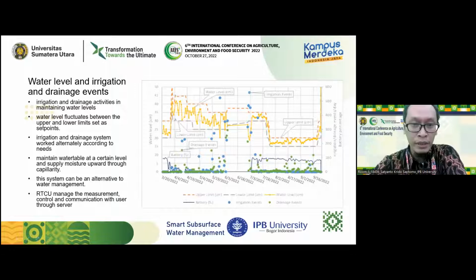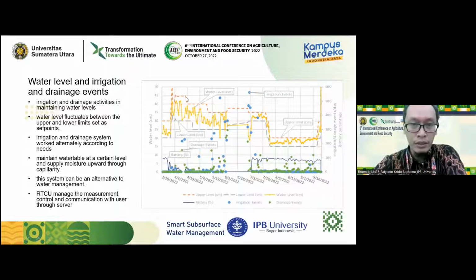So we have the activities of irrigation with blue dots, and green dots are the activity of drainage. It means that in 1 day the irrigation and drainage valves will work, working alternately. Sometimes it's irrigation and sometimes drainage, like that. And so we can see this condition of water table.